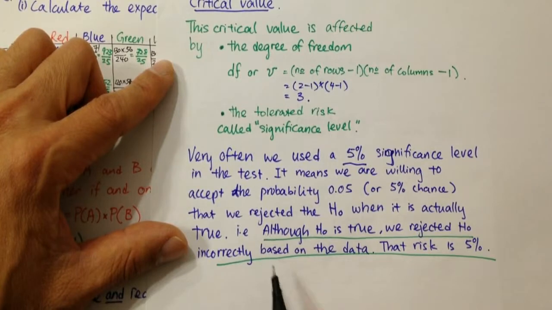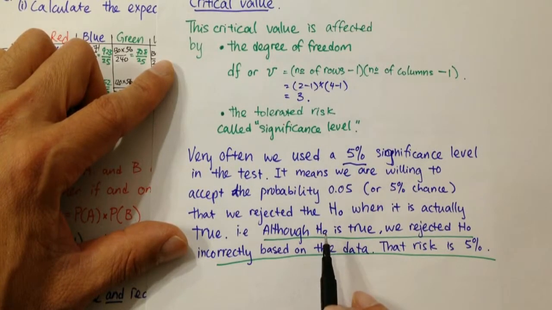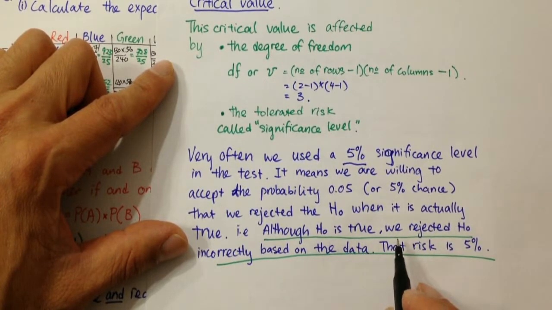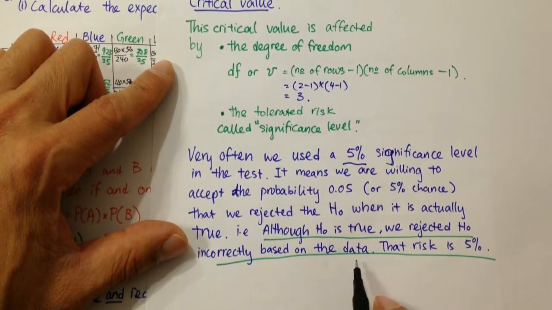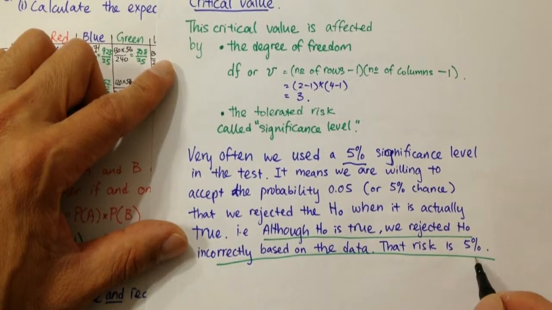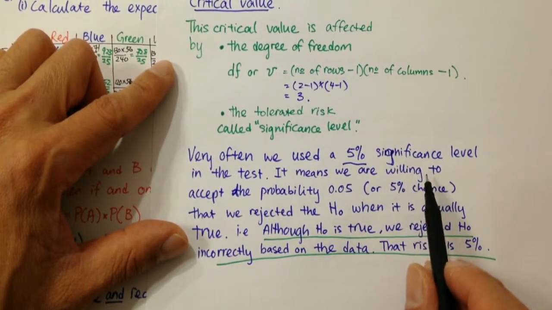In other words, although the null hypothesis is true, that is, although the two events are actually independent, we incorrectly reject the null hypothesis based on the observation that we have from the data. And that risk is 5%. That's what I mean by 5% significance level.